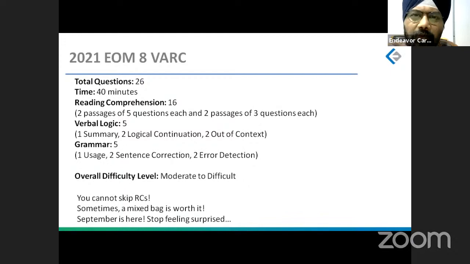Any EOM that you enter, your actual CAT that you enter, you have to be clear inside your head that most of your energy and focus is going to be the RCs no matter what happens. Second, a mixed bag. Because I always show you at the end how you should have approached the paper to maybe reach a 98 percentile. So I'll show you why it is a mixed bag.